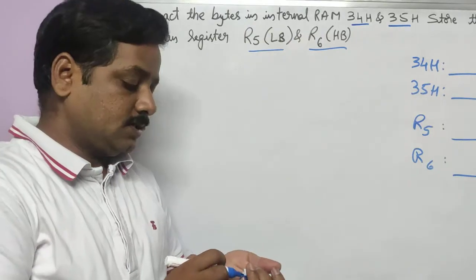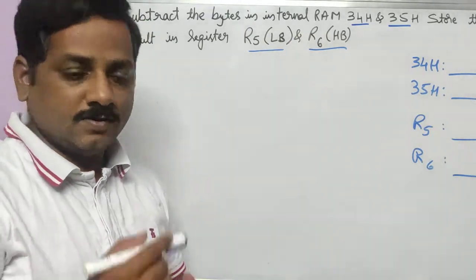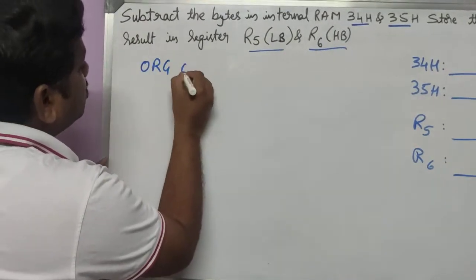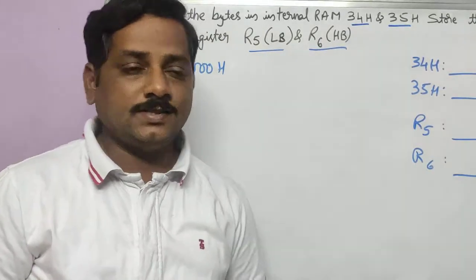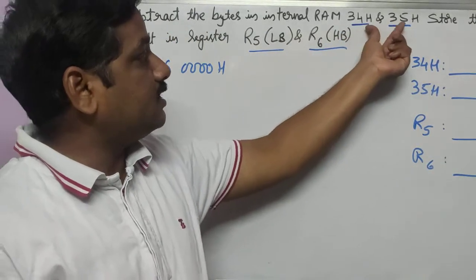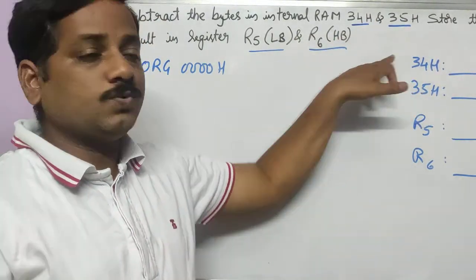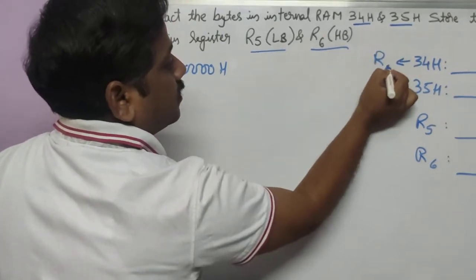Let us give the data later. First let us start writing the program. Every program should start with the origin, so ORG 0000H. Next, they have mentioned clearly the locations where I should give the data. So I will assign this to a register called R0.